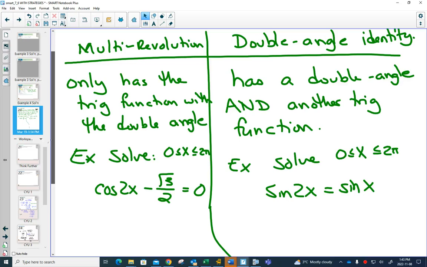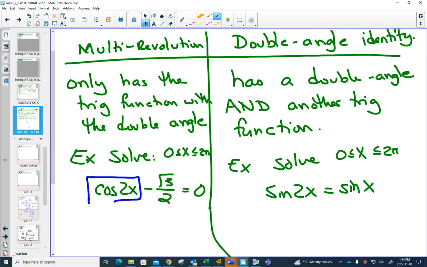All right, if I scroll down to there. So here are two questions that have a 2x in them. The one on the left, I would say is a multi-revolution question, because the only trig function you have is the cos 2x. So how do we solve a multi-revolution question?